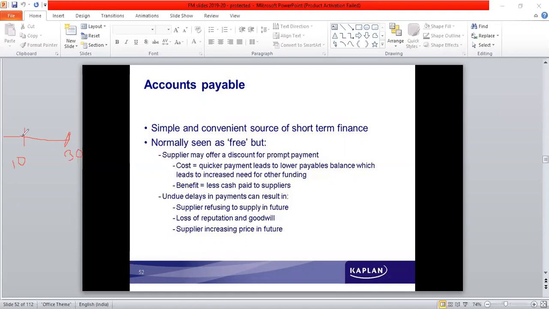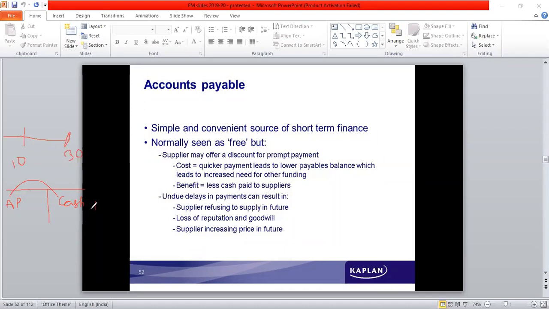Then the next point is cost. Quicker payment leads to lower payables balance, which leads to increased need for other funding. On the current liability side, we have accounts payable. If the available cash is all utilized for the payment of accounts payable, the cash balance reduces.